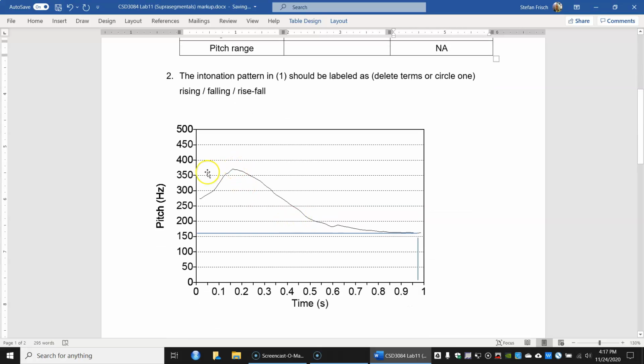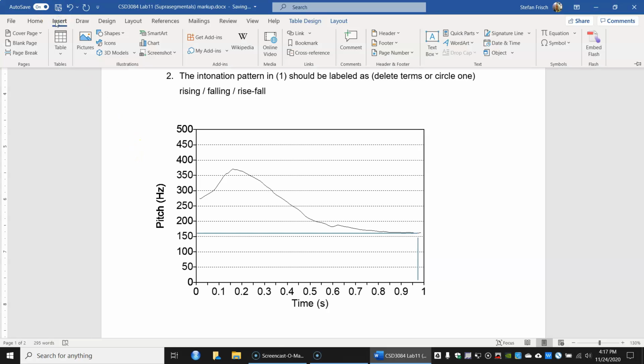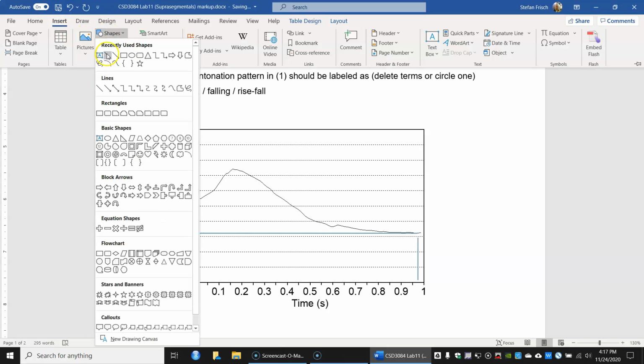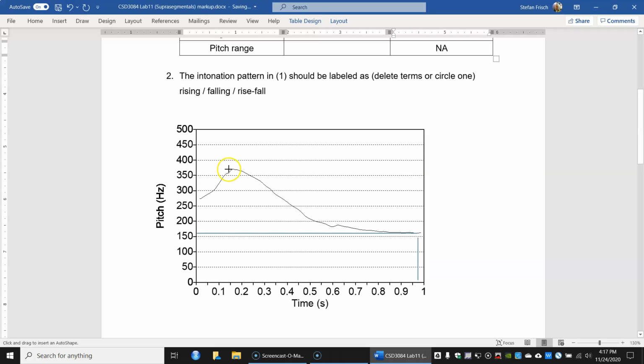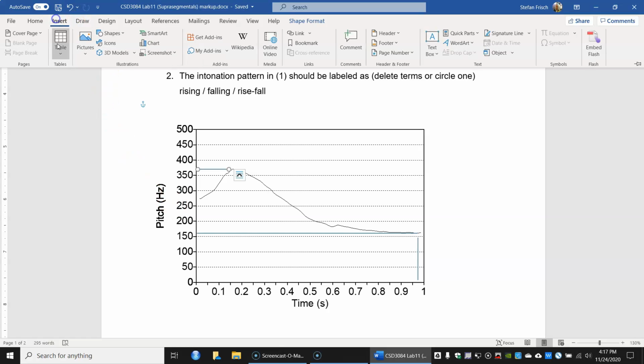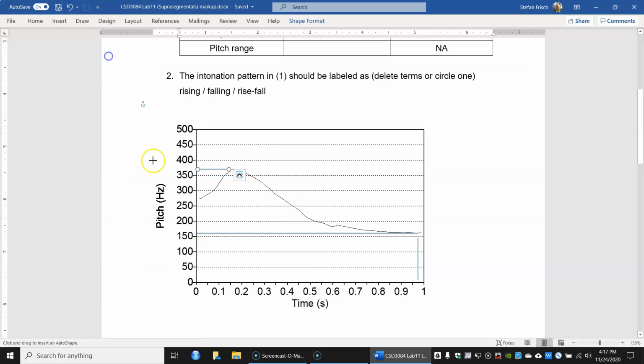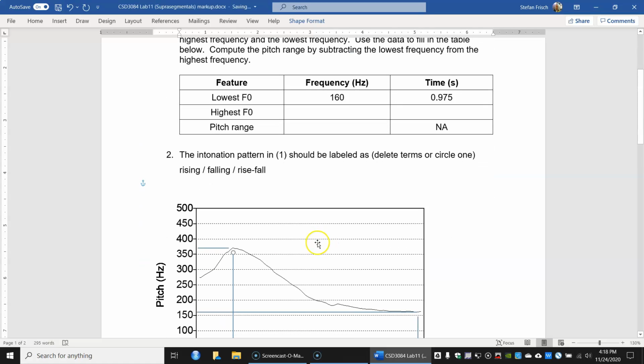The highest frequency is over here. So if I do the same thing and put a vertical line in there, looks like that crosses around 370, and let's do a simple line at a time of 1.56 maybe.